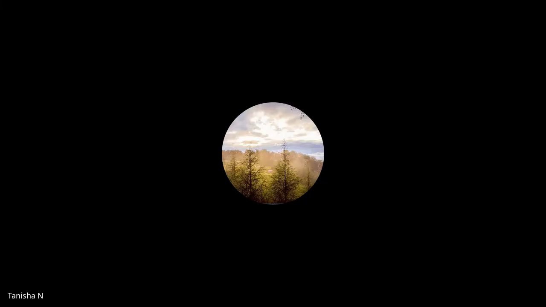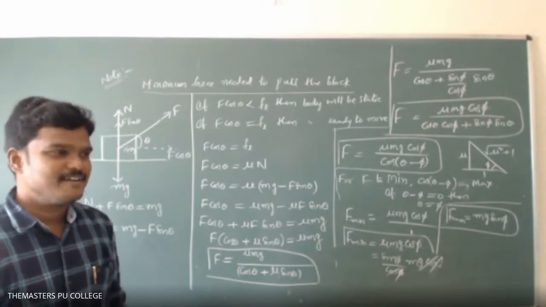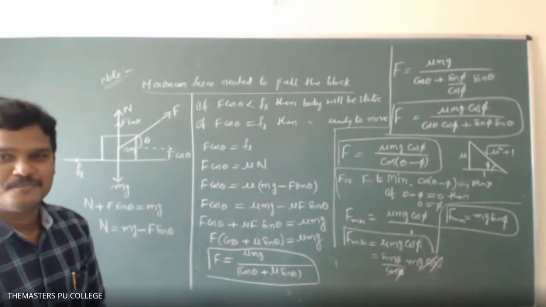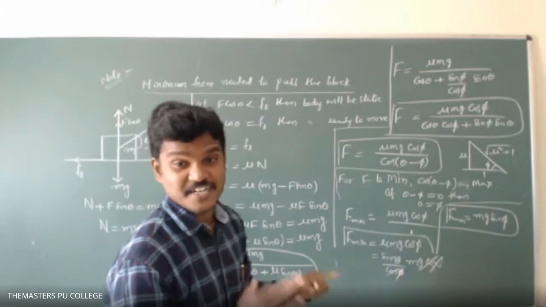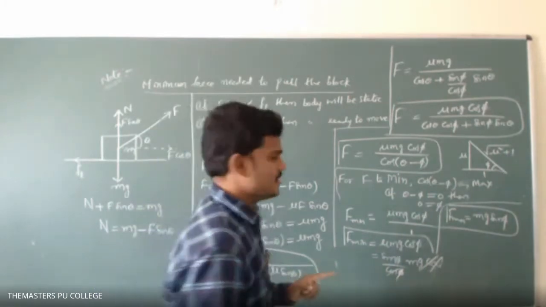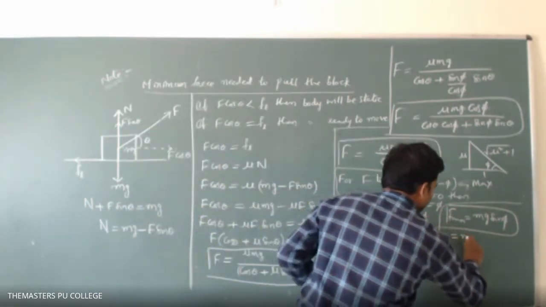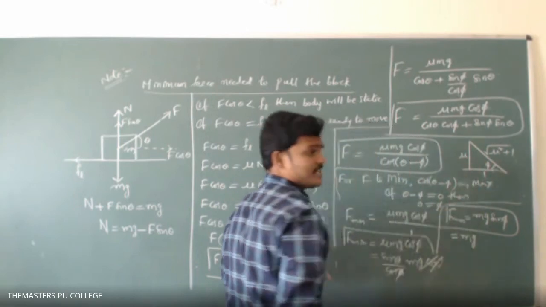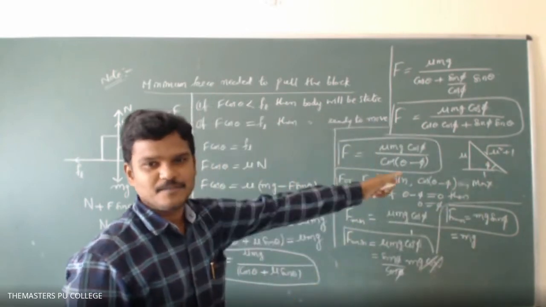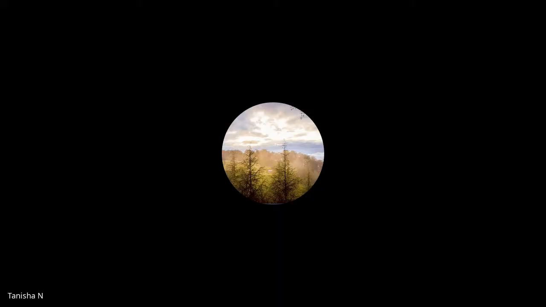Shall we write sin phi as one more conversion? See this way of extension. Are you following the extension? We have mg sin phi. Shall I write sin phi as? Tell me from the triangle. Mu by root of mu square plus 1. Very good.